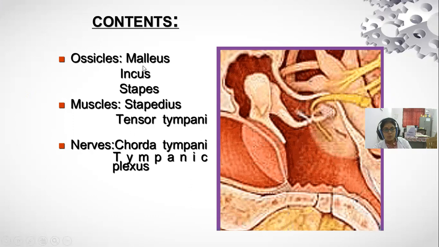You have three important ossicles called malleus, incus, and stapes. Two important muscles, stapedius and tensor tympani, and two important nerves. Apart from your facial nerve, you have the chorda tympani and then the tympanic plexus. You can see the three ossicles over here: stapes, incus, and malleus.